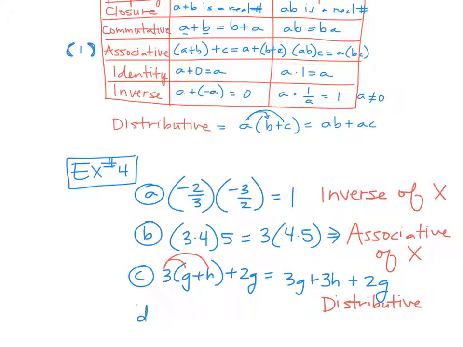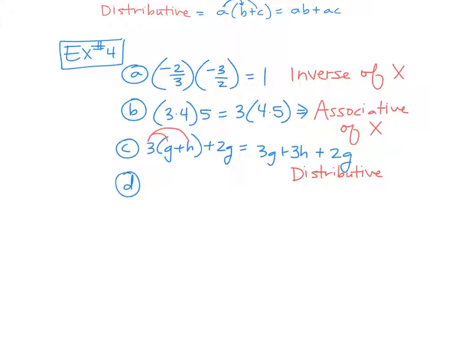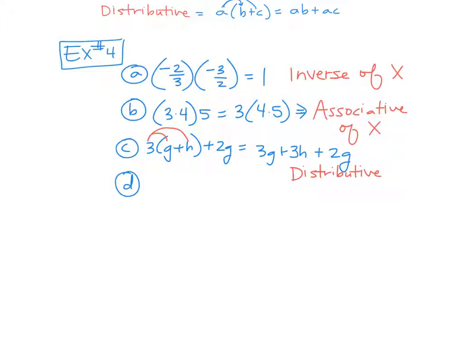Last one. All right, if we have P plus Q times R equals Q plus P times R. I heard someone, but I didn't hear what it was.